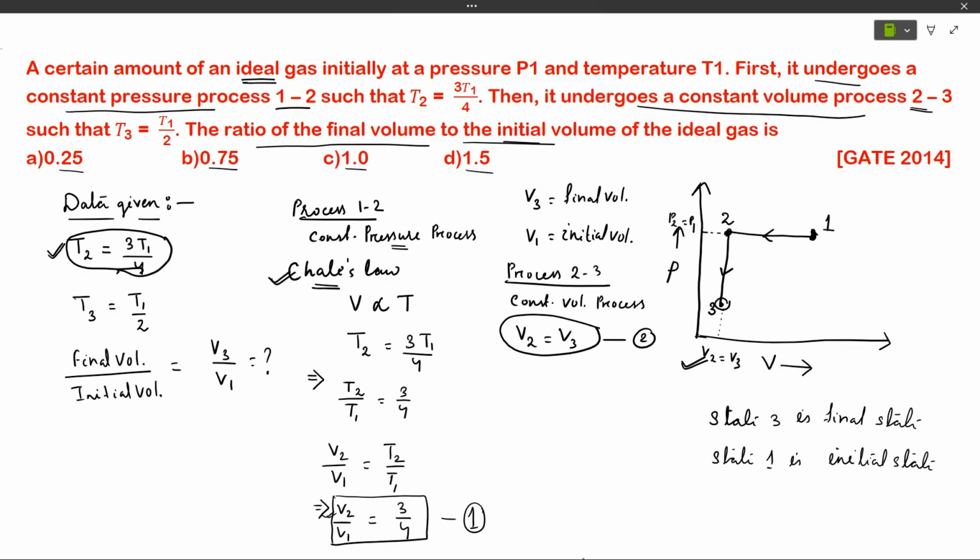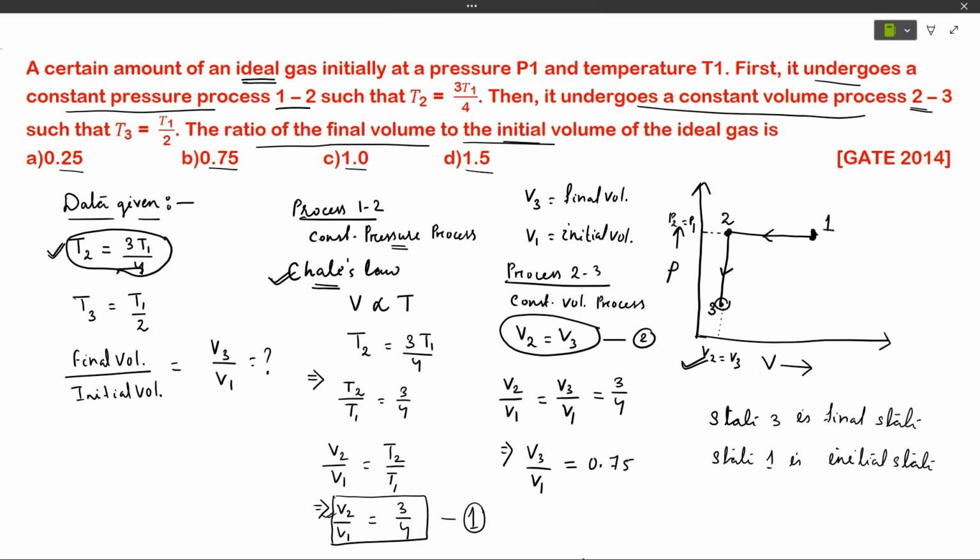So V3 by V1 must be equal to 3 by 4, and we can say that V3 by V1 is equal to 0.75.